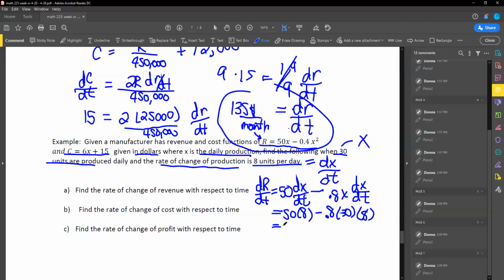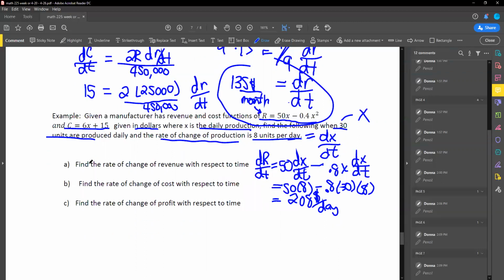And I get 208. Okay, let's get our units in here. Revenue is going to be dollars, right, per, what's my unit of time? It's days, right? Per day. Okay, dollars per day. So that would be the change of revenue.